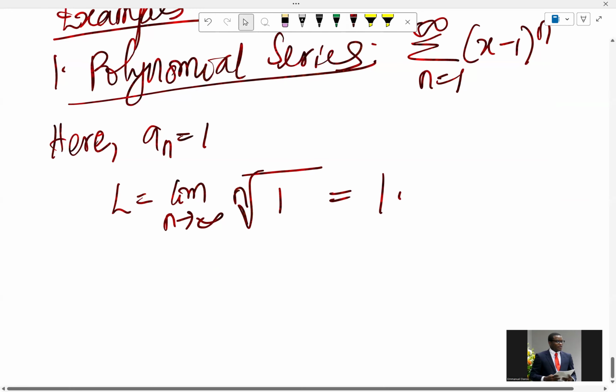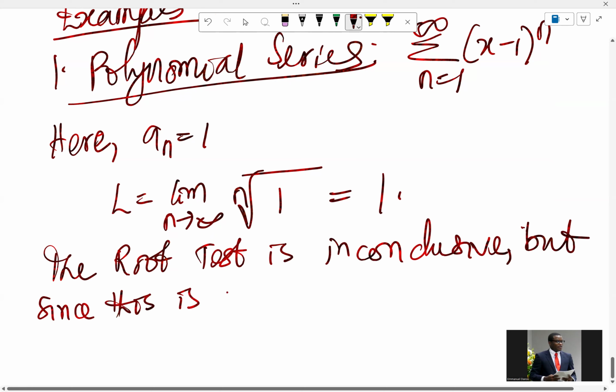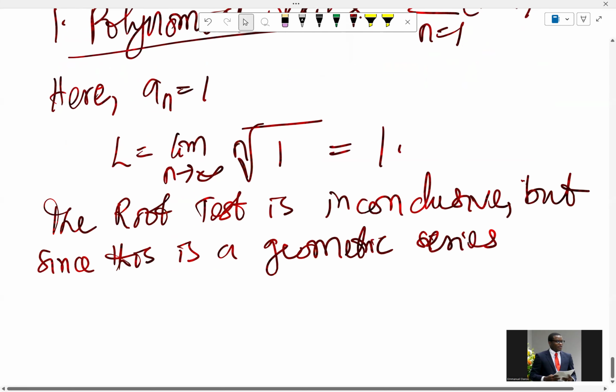So we can say, in this case, the root test is inconclusive. But since this is a geometric series, this is the further investigation now.